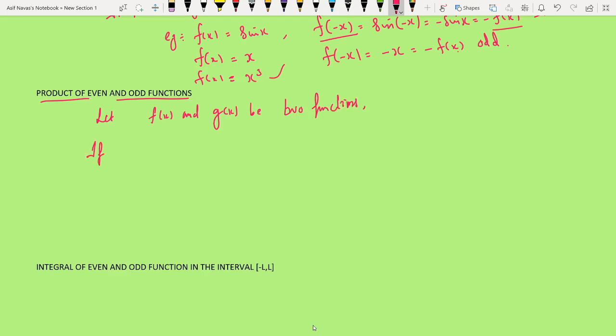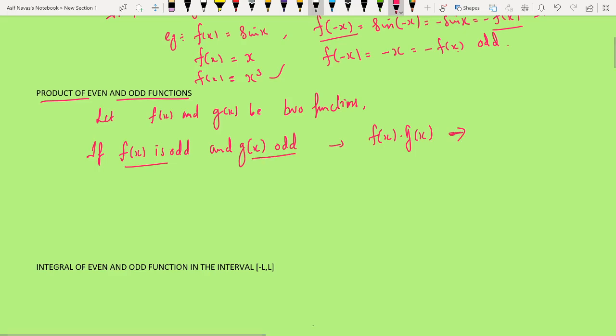If f of x is odd and g of x is odd, then what can you tell about f of x into g of x? Is it an odd or even function? F of x odd and g of x odd. Then what is f of x into g of x? Even function. It's an even function.